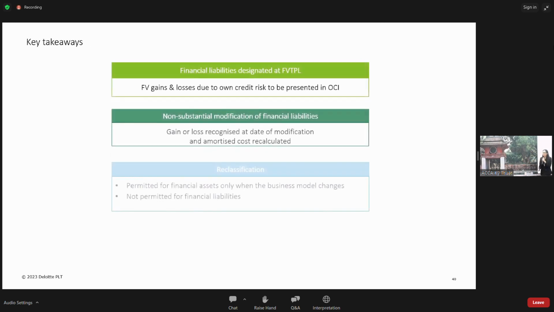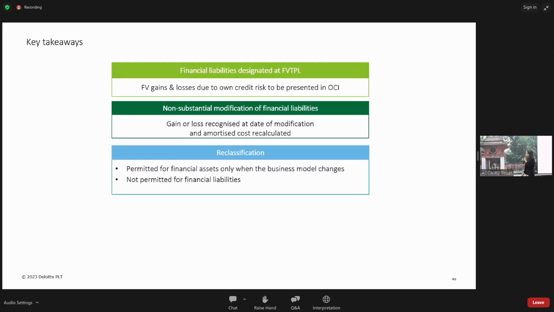So the key takeaway: for a financial liability that is designated at fair value to P&L, any gains and losses will go to P&L, except for those related to your own credit risk, which go to OCI.